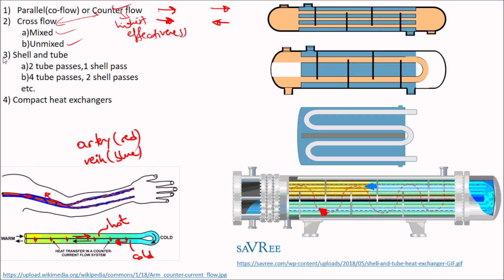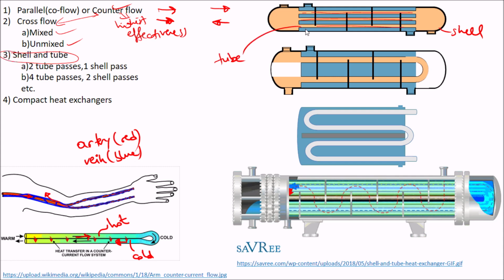The next heat exchangers can be grouped as shell and tube heat exchangers. For the shell and tube heat exchanger, we have the tubes here. These are the tubes, and around the tubes we have the shell. This body is called the shell, and this one is called the tube.